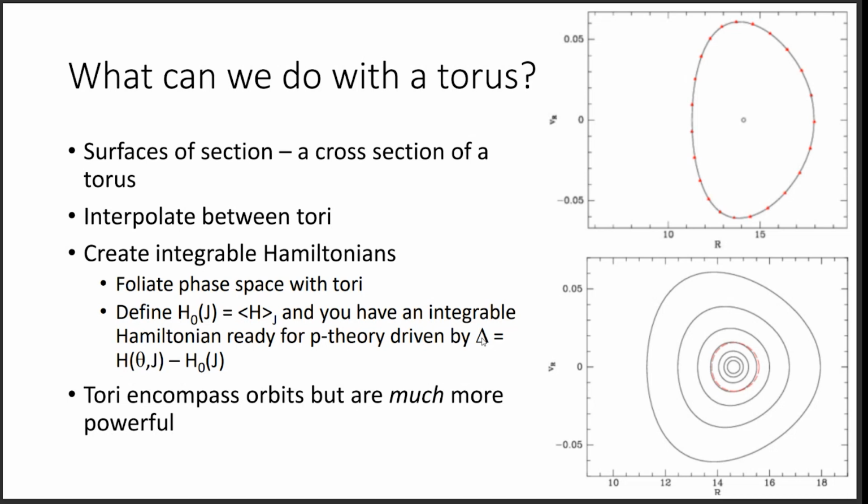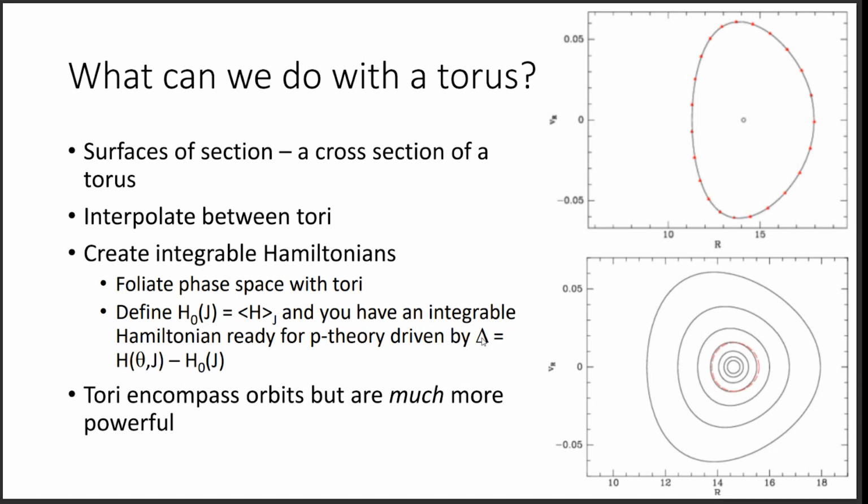You give me a phase space and a Hamiltonian. I will fit tori to that Hamiltonian on a grid in action space. These tori will sit inside each other, as these tori sit inside each other. And then I will be able to create as many tori as I like. Through this interpolation, I can then, in a flash, create a torus for any actions whatsoever in this space, and they all fit together.